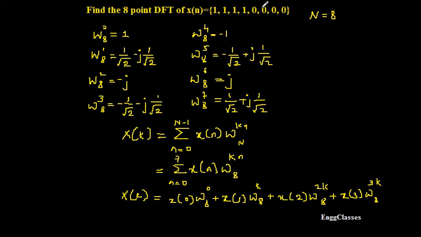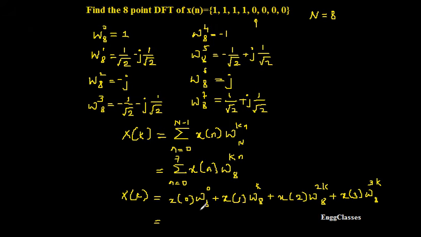But if you look here, x of 4 is going to be 0. x of 5, x of 6 and x of 7 are all going to be 0. So I need not write anything and I'll stop at this point. In the next step I'll put the values for x of 0, 1, 2, 3, which are given in the numerical, which are 1, 1, 1.